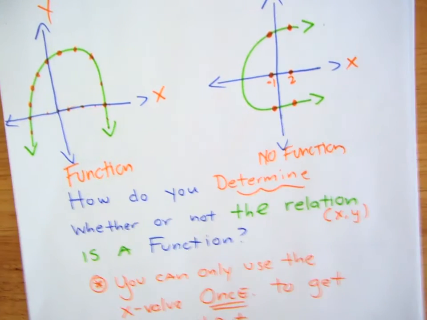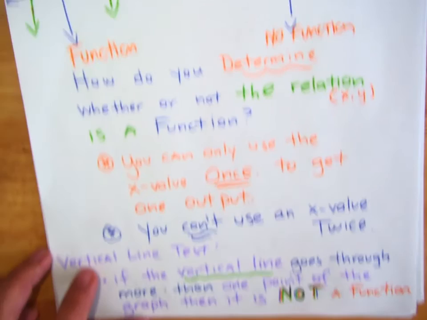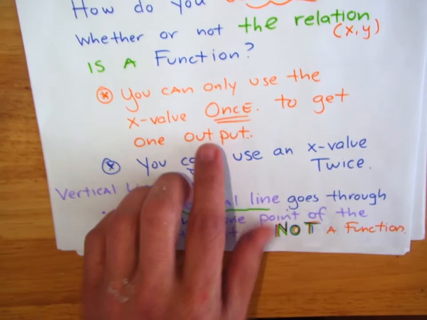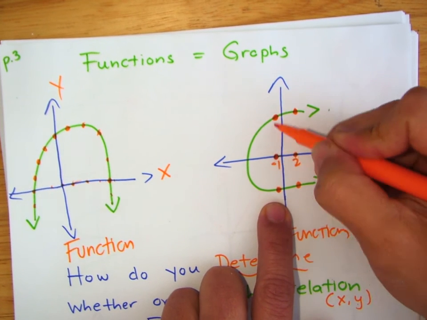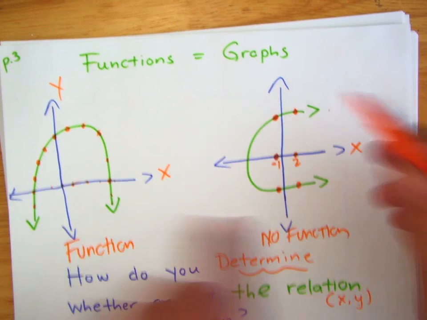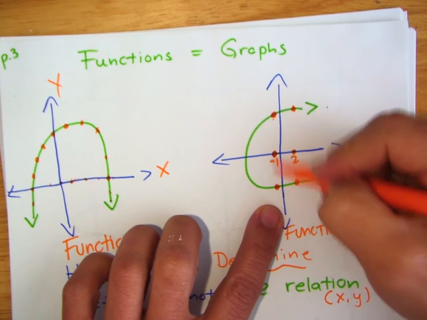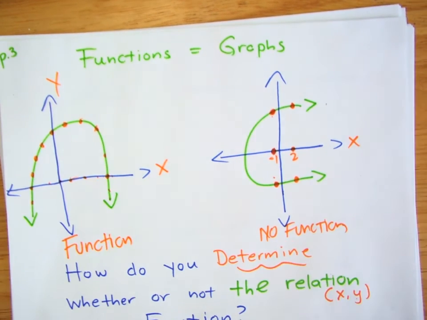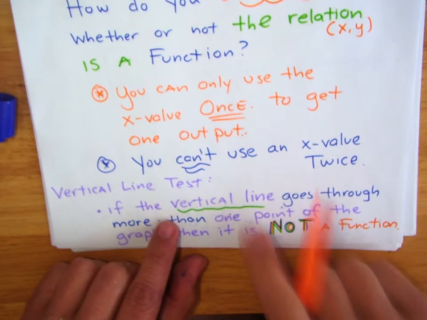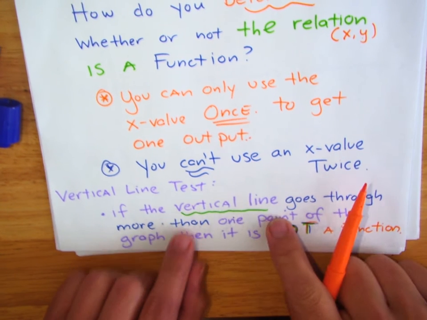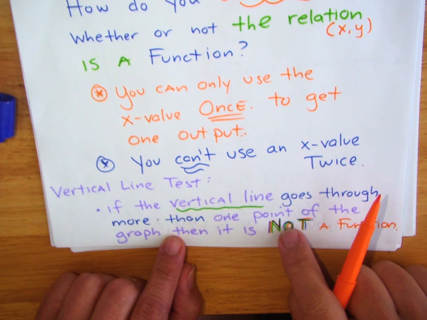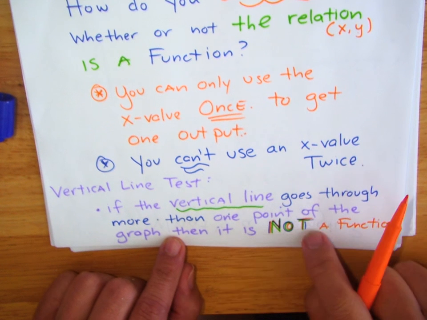So how can you determine? Again, you could do the points: one x, bam, I got a y. Or you can use what's called the vertical line test. If the vertical line goes through more than one point of the graph, then it is not a function.